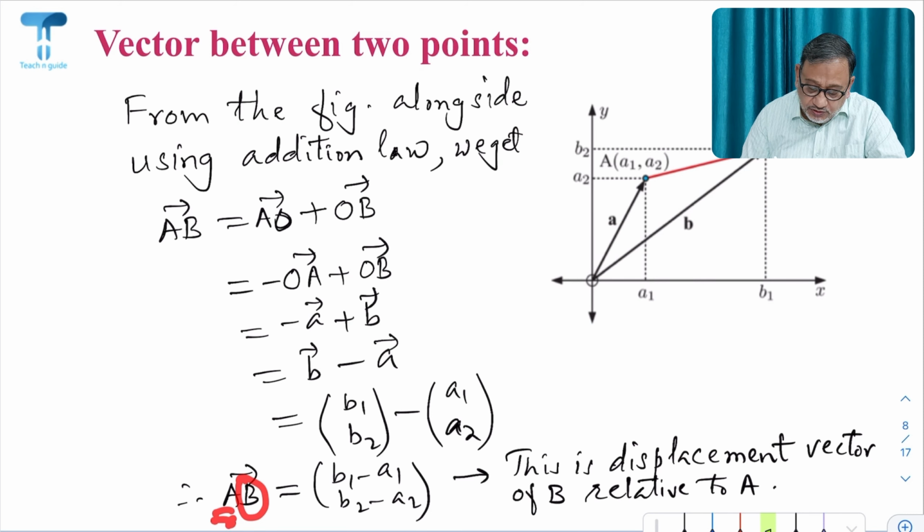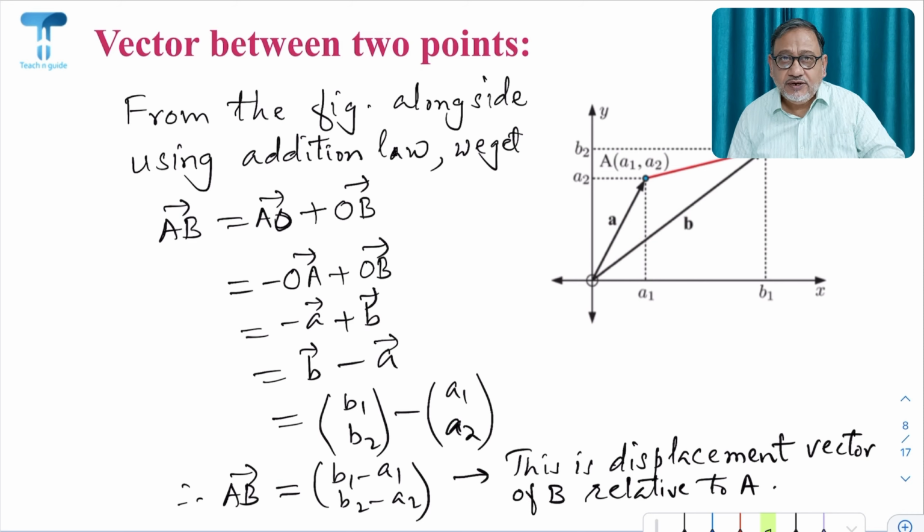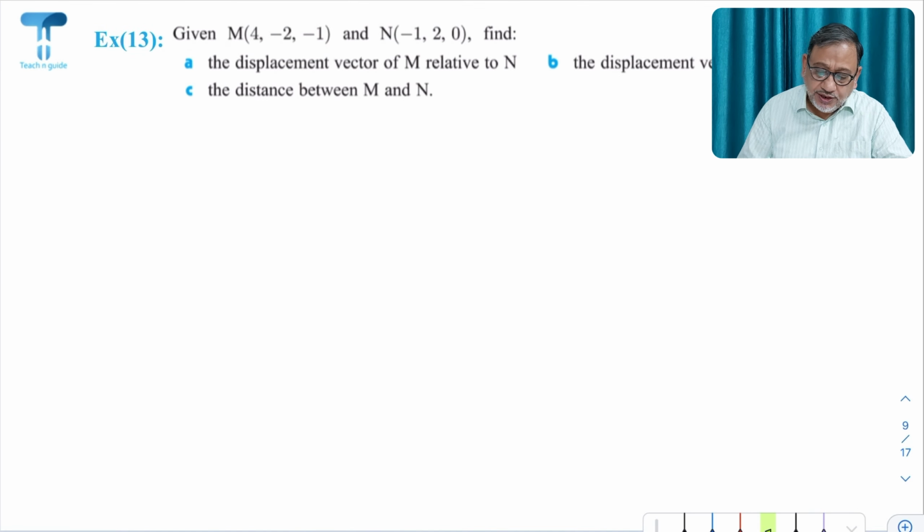So displacement vector of B relative to A means where it is getting displaced. That is given by B1 minus A1, B2 minus A2. So if you have 2 points in plane or in space, AB will be coordinates of B minus coordinates of A, which you have to write in component form, and that gives you the displacement vector of B relative to A. Okay, so let us solve some questions based on it.